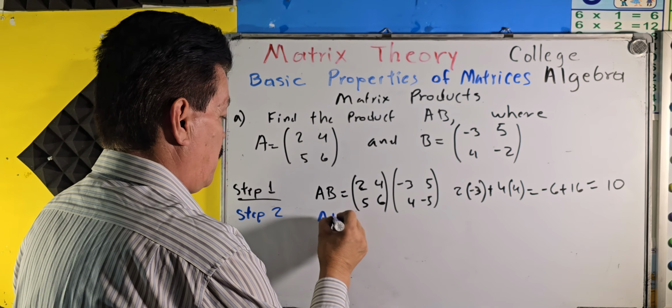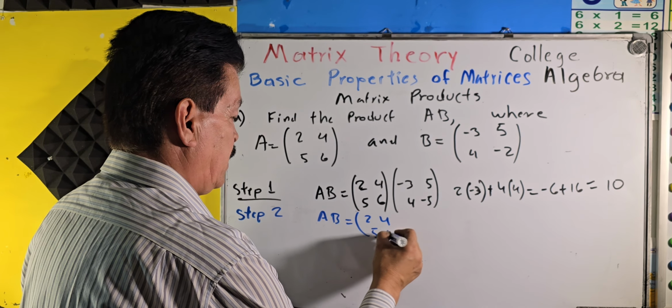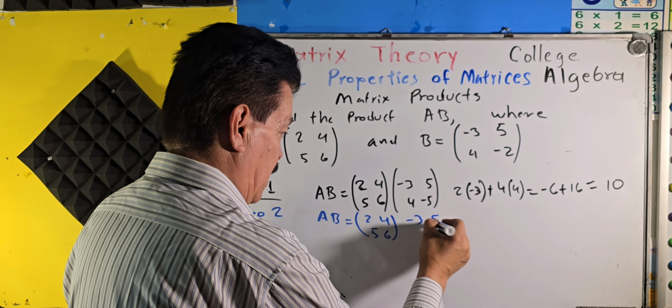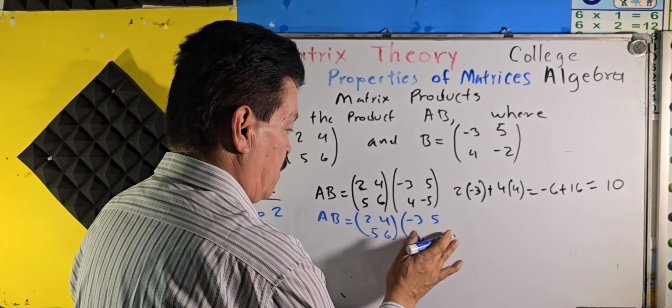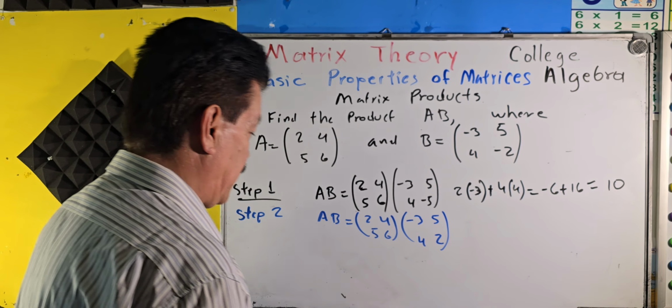Let's write A, B. It is the same: 2, 4, 5, 6, and negative 3, 5, 4, and negative 2. Now use the second column.